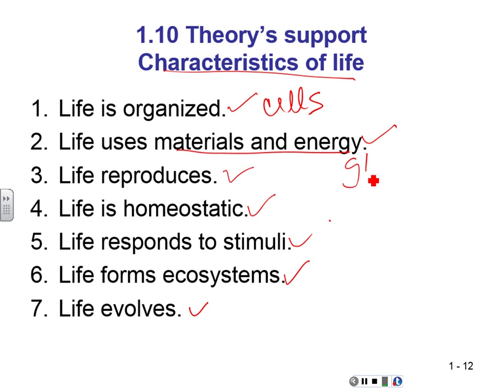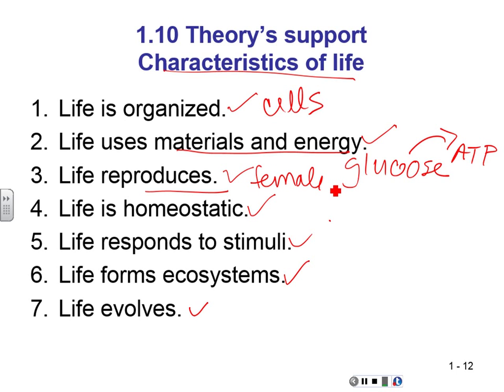Well, we just showed the picture of consumers and we said we take glucose and we turn it into ATP energy. We reproduce. Most of us know that females develop eggs, right? And males develop sperm. And later on in the semester, we'll see the process that has to happen in order for eggs and sperm to be developed. And then these come together during fertilization.